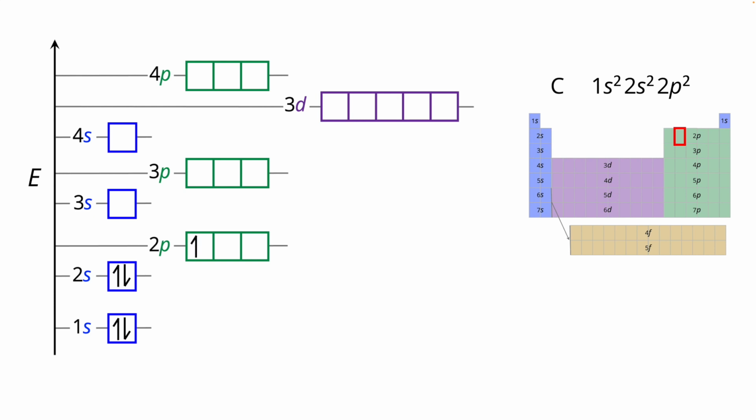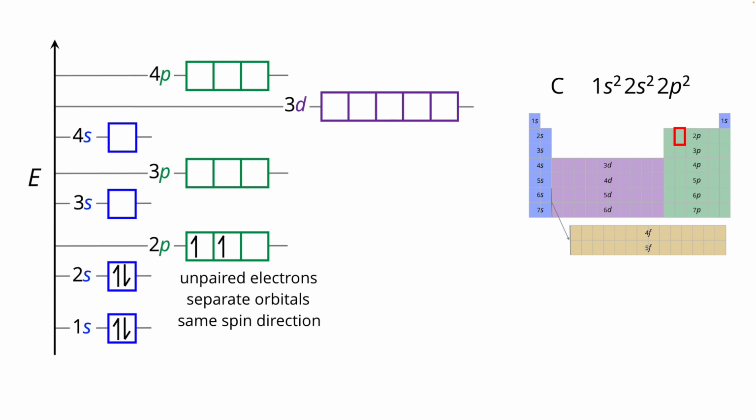There's 1. And then the next one goes into a separate orbital. And we have 2 what are called unpaired electrons in separate orbitals, and the electrons fill in with the same spin direction so long as they are in separate orbitals and unpaired. That's it.